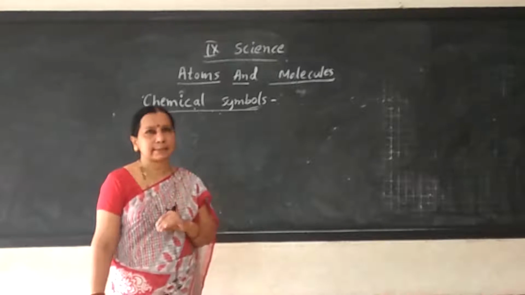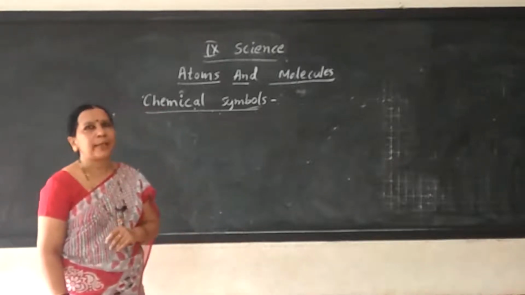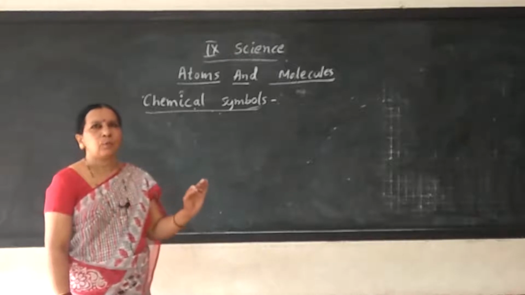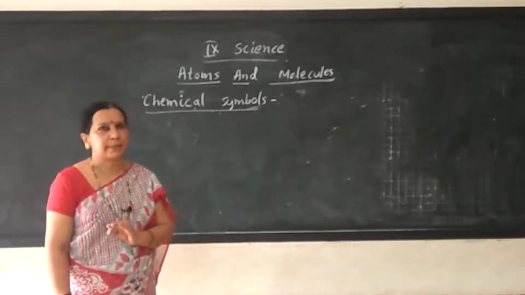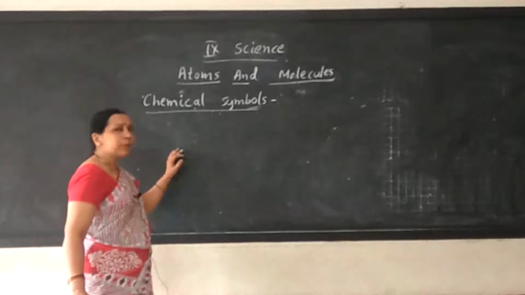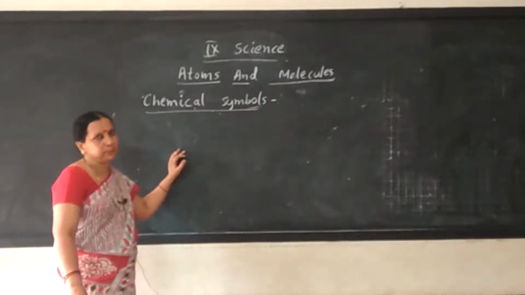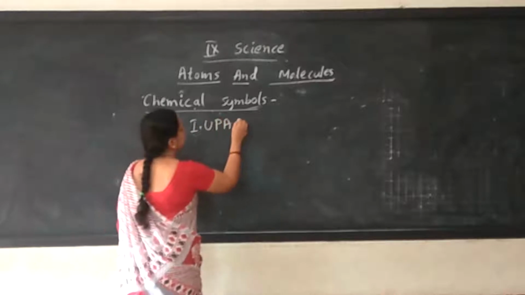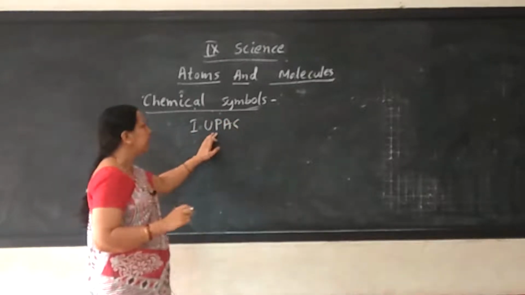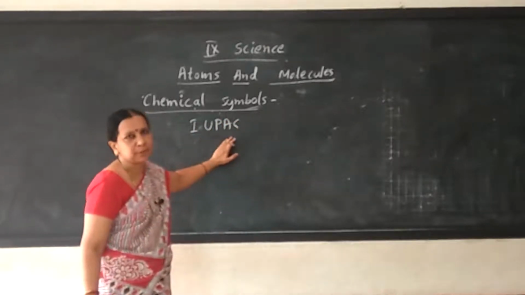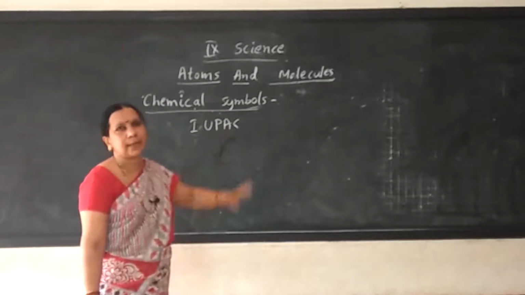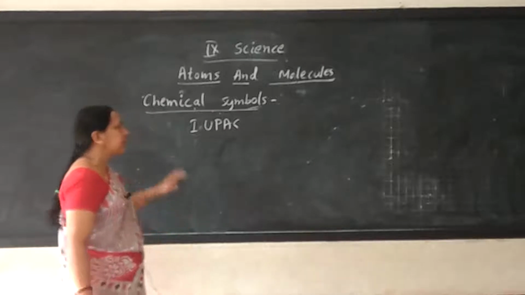Now, Berzelius suggested a method to write symbols for elements by writing 1 or 2 letters of the element's name. Nowadays, IUPAC, International Union of Pure and Applied Chemistry, approves the names of the elements and the symbols given for the elements.